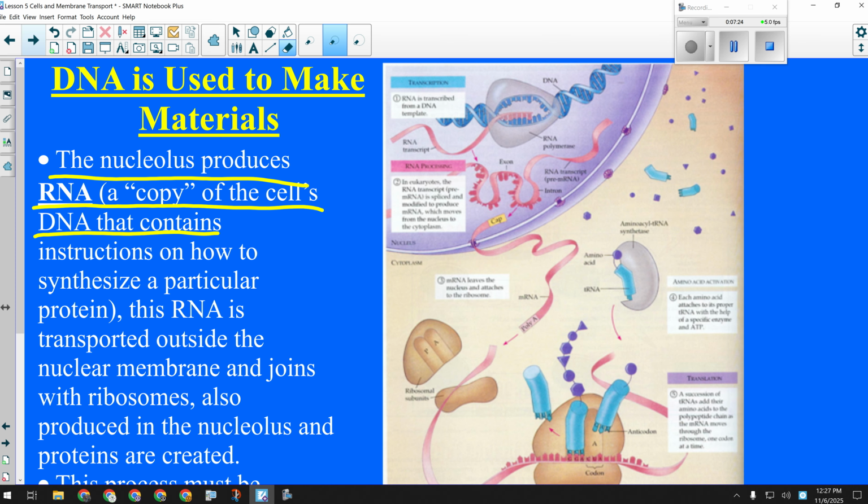So they are like a construction site foreman. They get the RNA, that's the blueprints. They're capable of reading the blueprints and getting the required materials to the job site and having the materials be put together in the right way to make a protein. Right? So the ribosomes build the proteins using information given to them from the nucleolus.